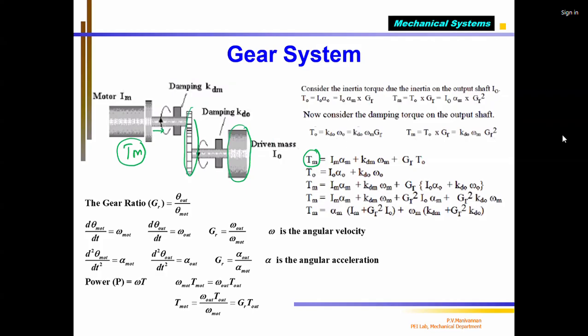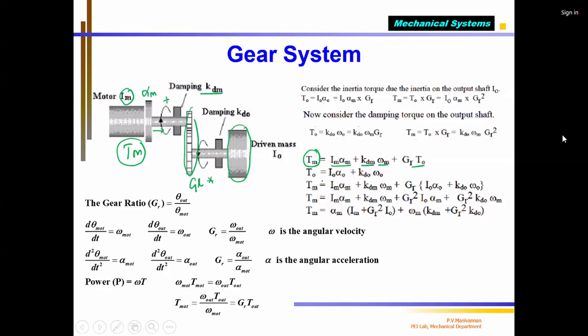So I can write this equal to Im into alpha m, where Im is the moment of inertia of the motor multiplied by angular acceleration alpha m, plus Kdm, the damping or bearing friction, multiplied by omega m, correct? So this plus the gear ratio GR multiplied by T naught.